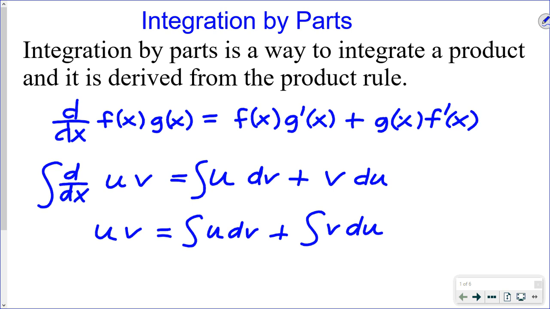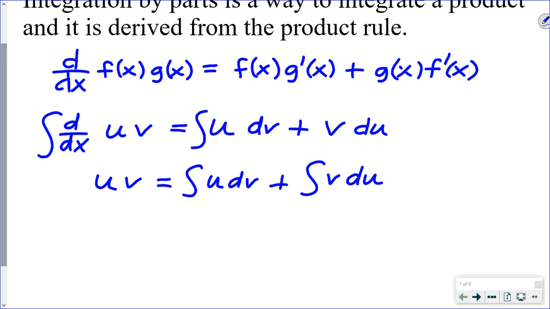Okay, so the product that we want to solve for is the integral of u times dv. So to get that by itself, I'm going to subtract the integral of v times du on both sides.